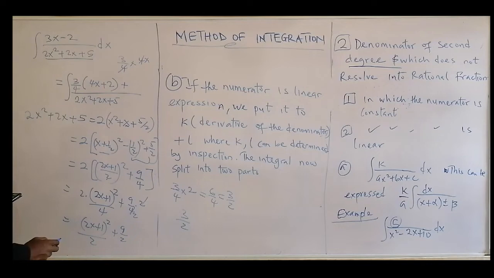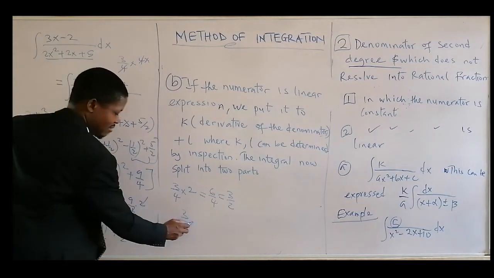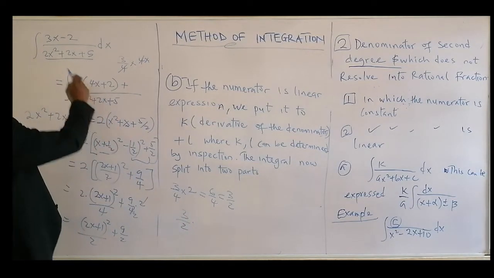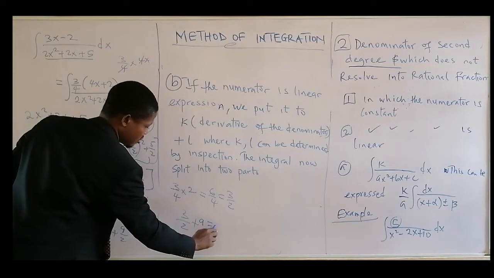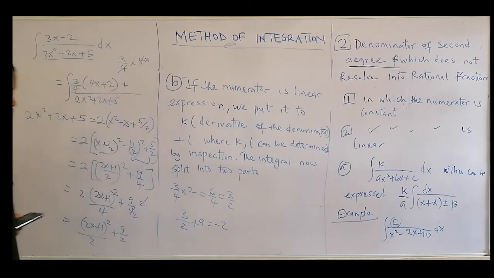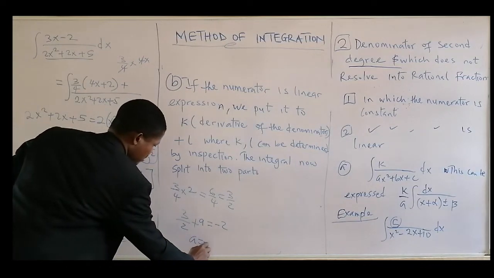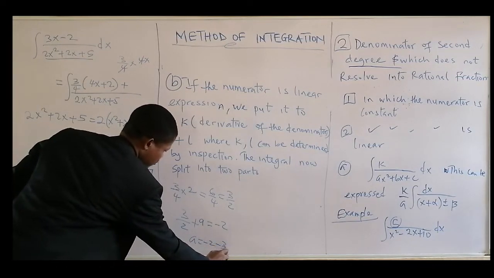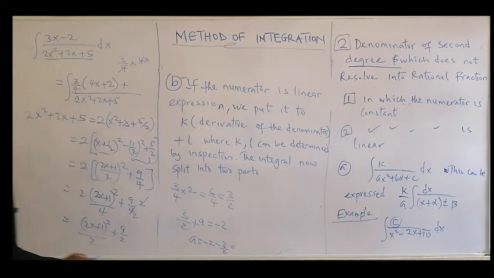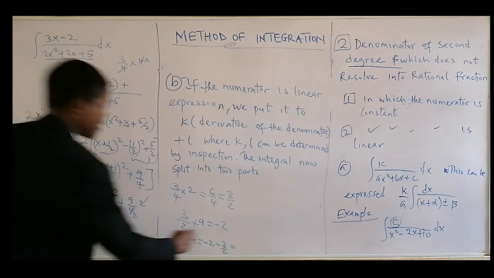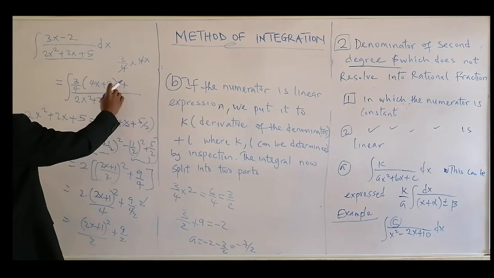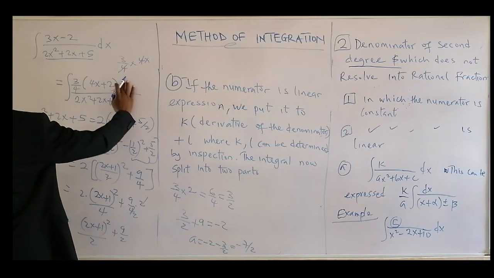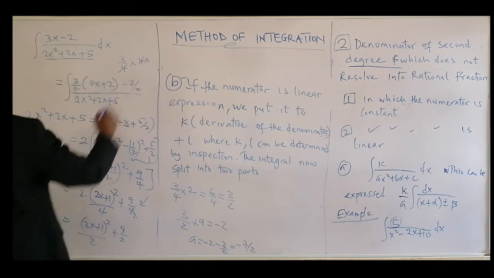Okay, what can I add to this number so I can get minus 2? So plus unknown, and then you go to minus 2. So the unknown is equal to minus 2 minus 3 over 2. That will be equal to minus 7 over 2. So this will be equal to minus 7 over 2.